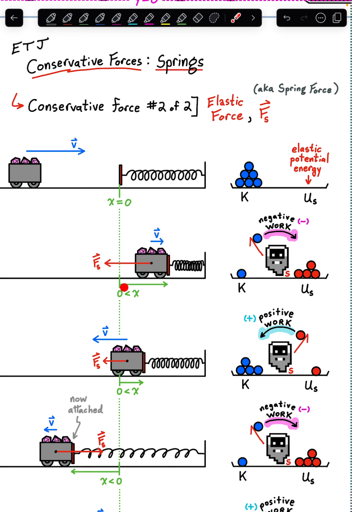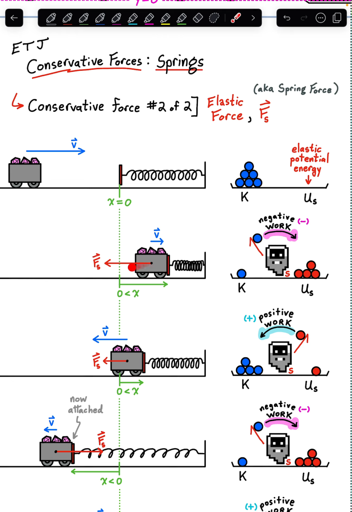So x is the displacement of the spring from its natural unstretched position. We're going to call this a positive x when it is displaced to the right of its natural unstretched position. And so this spring force pointing to the left has been doing negative work as the spring compressed. Comparing the spring force to the velocity, they're 180 degrees apart.